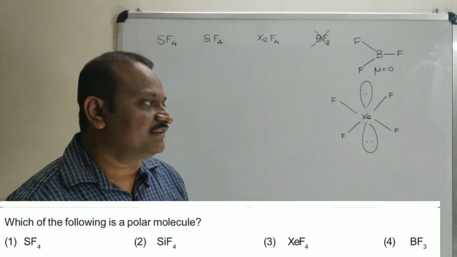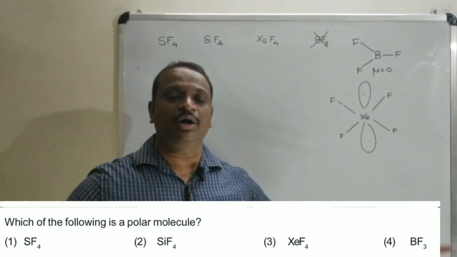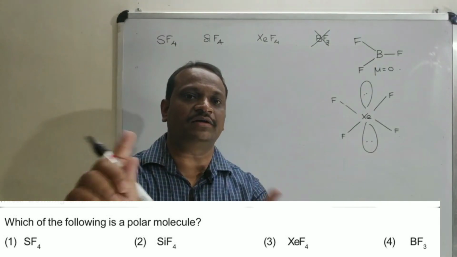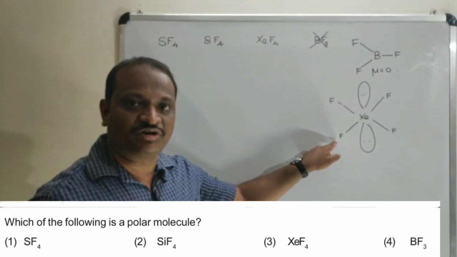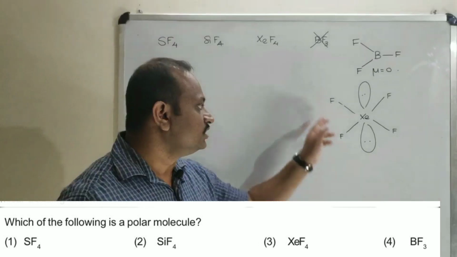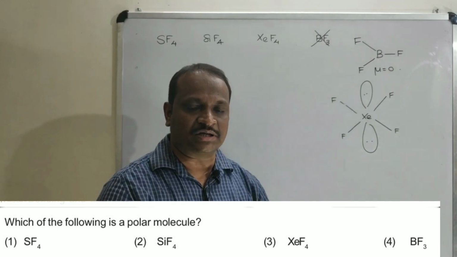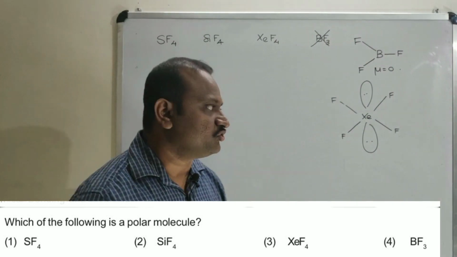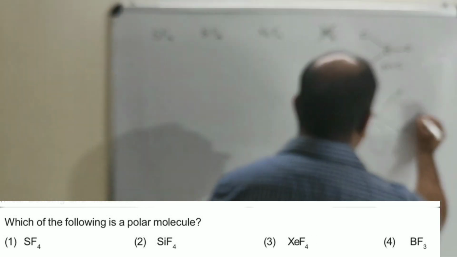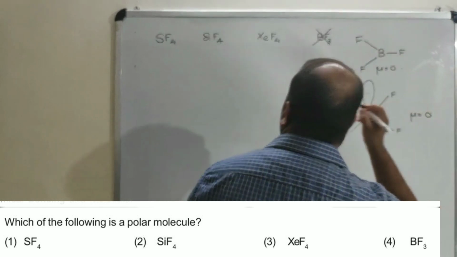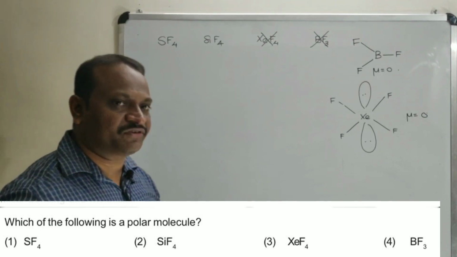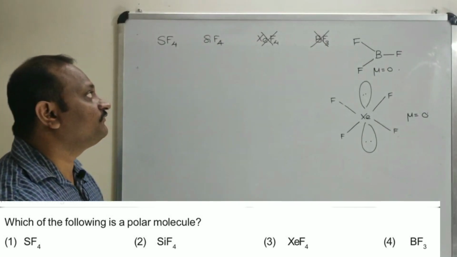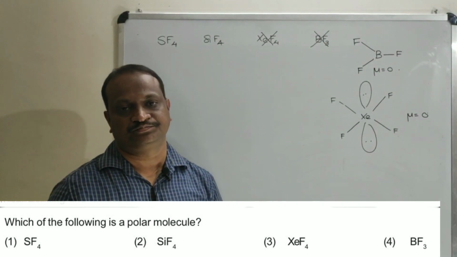In this case, these two lone pairs are in opposite direction, so their net dipole moment cancels each other. And these two fluorine atoms in opposite direction cancel each other. This pair also is in opposite direction, and that also cancels. So the net dipole moment in this case also equals 0. So our answer is not HCF4. Now we are left with two options, SF4 and SiF4.